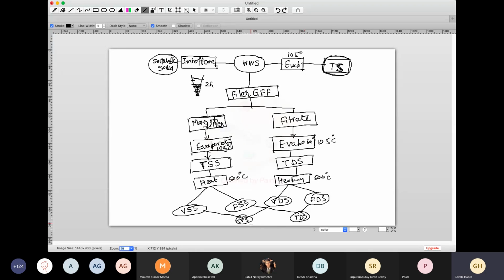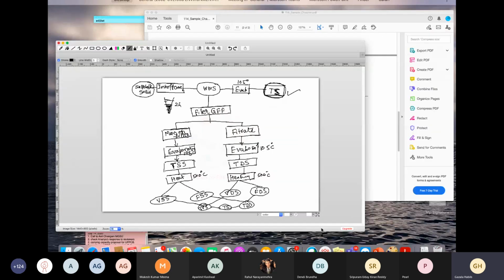If you sum up the total volatile solid and total fixed solid, you will get the total solid, which you have here. So this should match. If I sum up these two, I will get total solid. So these are the types of solids which may be present in wastewater. Is that clear?